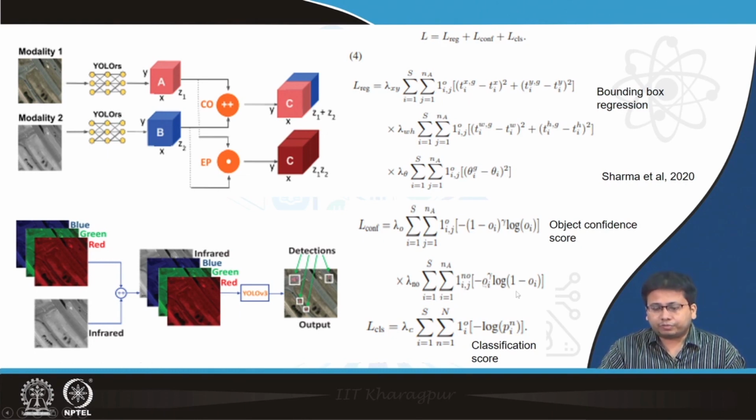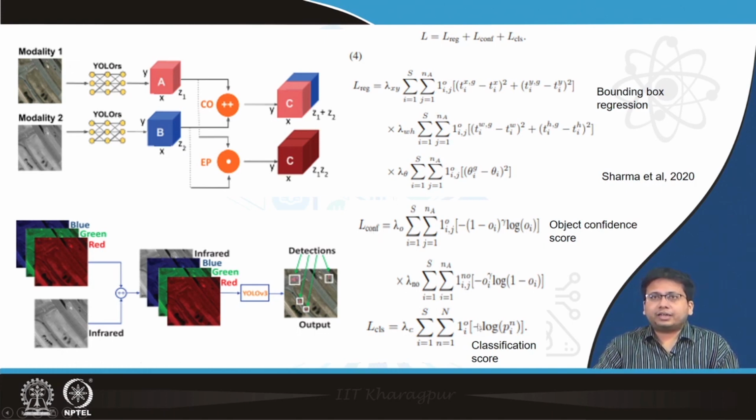To measure that, they have something known as the object confidence score, the probability that the bounding box contains an object. Of course that cannot be directly measured, but from the response of the neural network, this O variable is created, and this is supposed to represent the objectness score. Based on this they build the object confidence, and finally the classification.